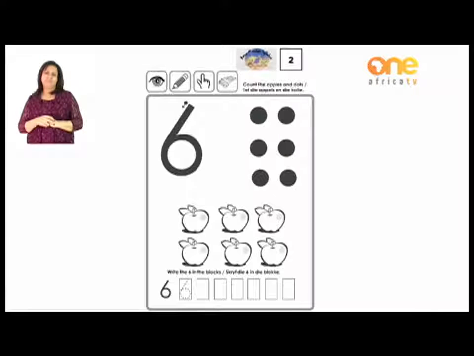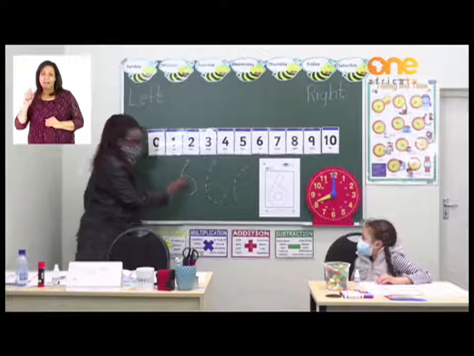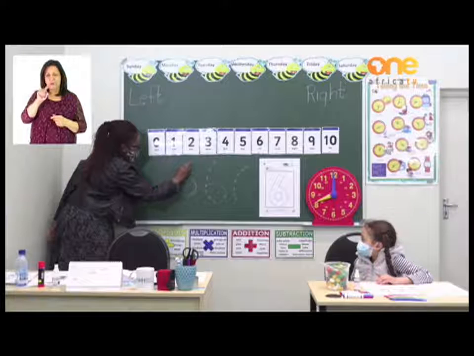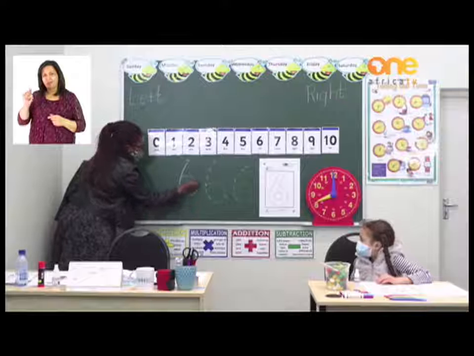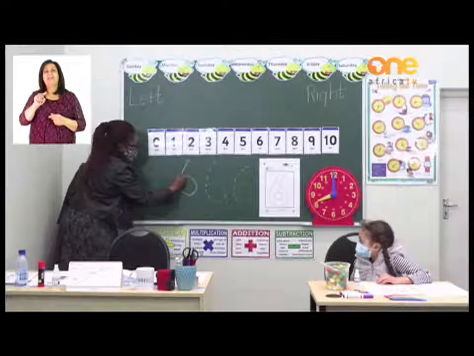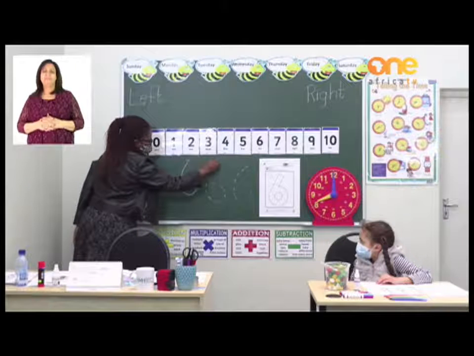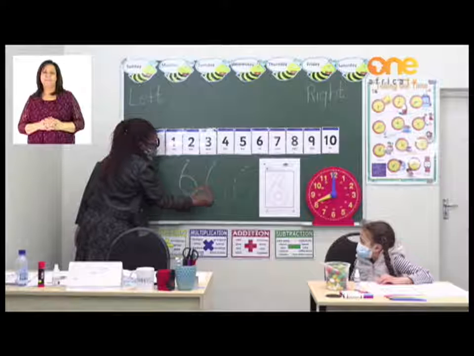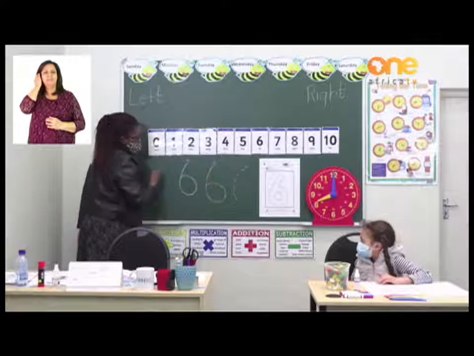When we write number 6, we always start from the top, and we go down and round and curly the tummy. We do that once more. We start from the top, we go down and round and curly, and we close the gap.